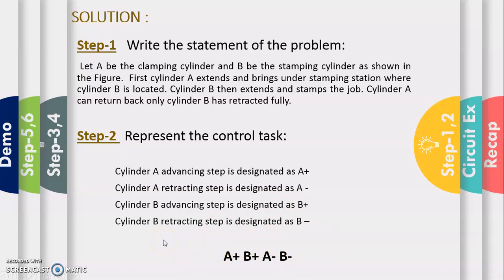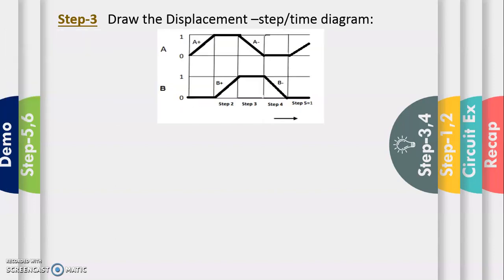And in step 3, we have to find out the characteristics of our circuit. So how will the displacement step actuation be? In our simulation, by using a state diagram model, you can identify the characteristics of our cylinder displacement. So the normal displacement of the cylinder: A plus, A has to extend.